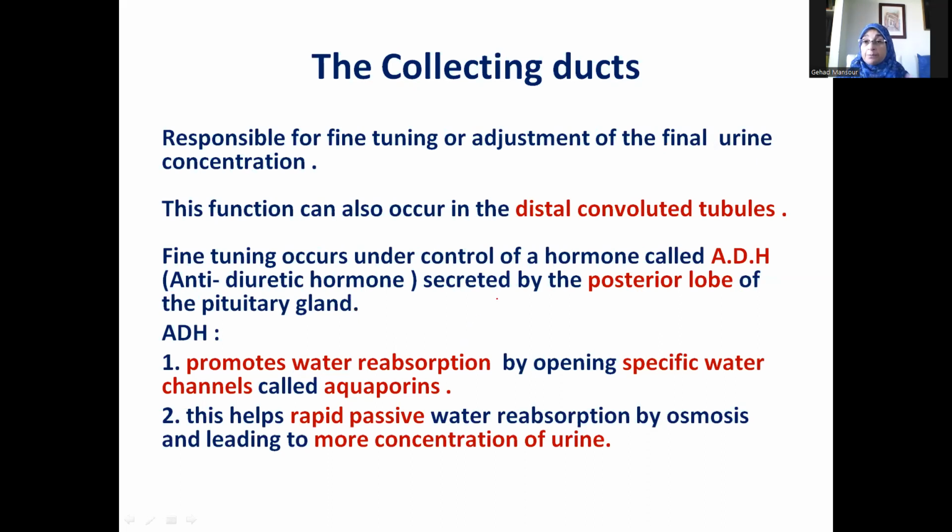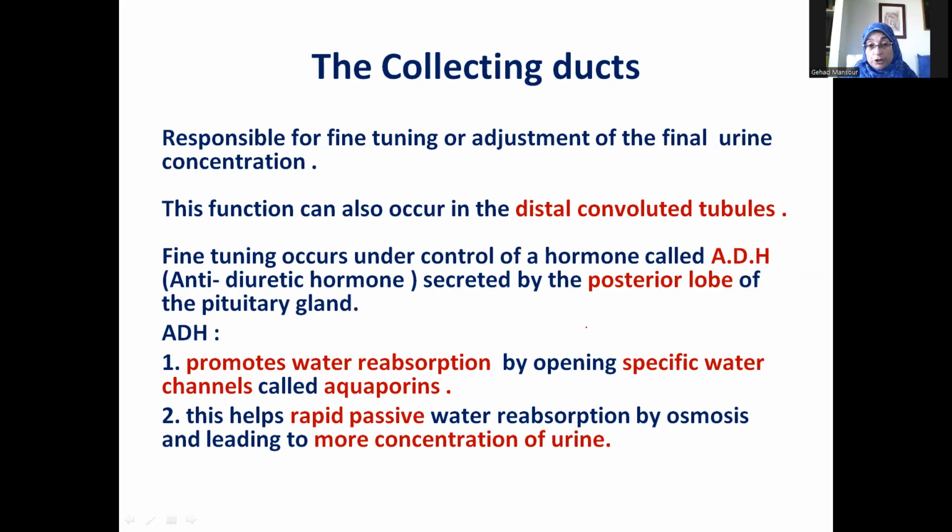But this reabsorption that occurs under the effect of the antidiuretic hormone does not occur by simple osmosis, which does not require any channel, or by the mere passive movement of water down a concentration gradient, but it occurs through specific water channels.